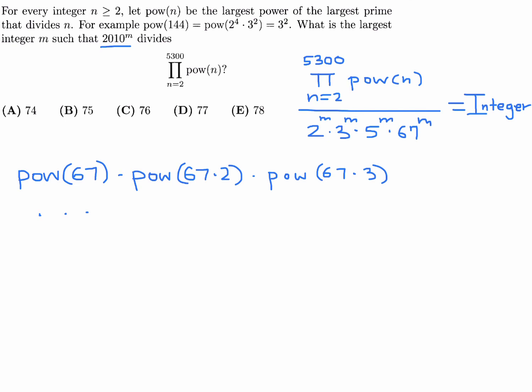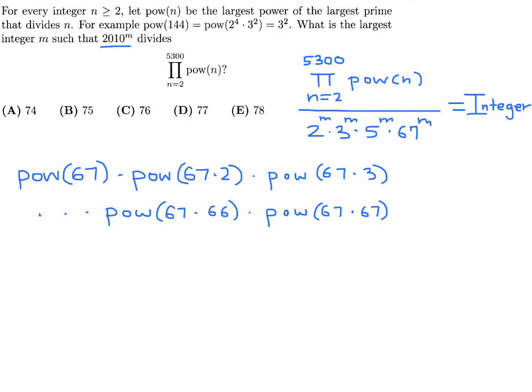So first and foremost, we're going to get all the way down to 67 times 66. All of these will have 67 as its largest prime until we get to pow of 67 times 67. This one, when you extract the prime, you're extracting 67 squared.